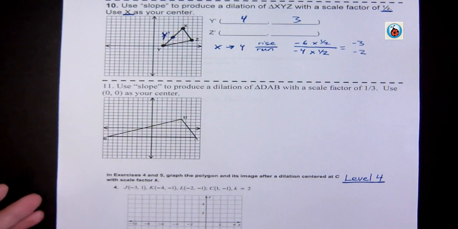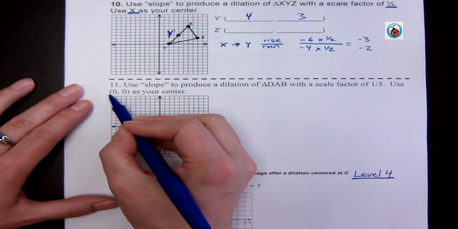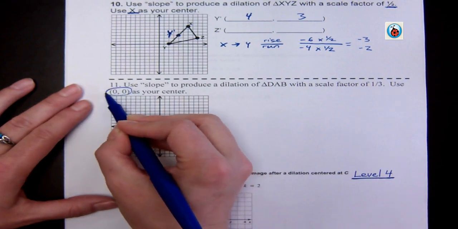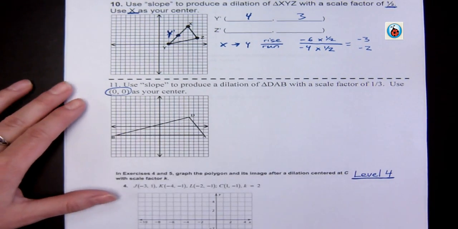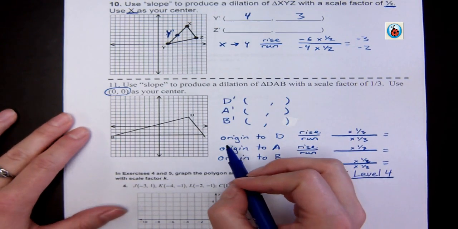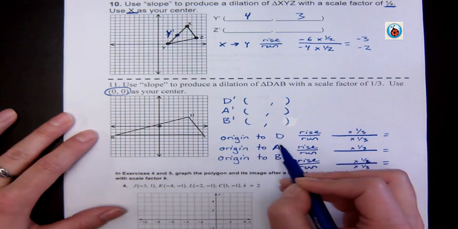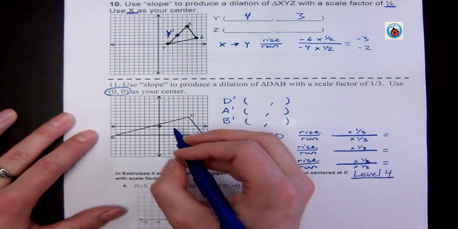Alright, so then the last one is, it looks just a little different if we use our center of 0. So here the origin is our center. Okay, so here I am taking from the origin, from 0, 0, I'm counting my rise and run to get to D, because that's my first point.